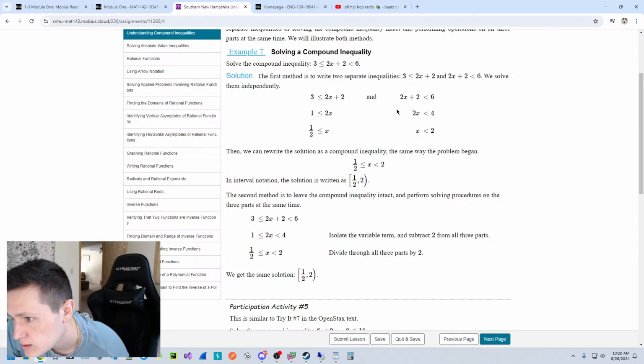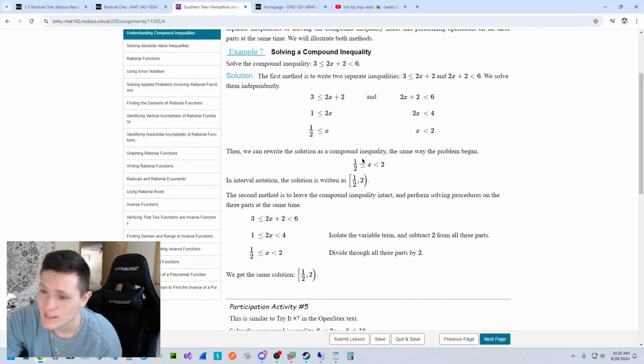So for this, minus 2, 6 becomes 4. Then you have left 2x is less than 4. And then you would subtract 2 again. This is kind of crazy, bro.